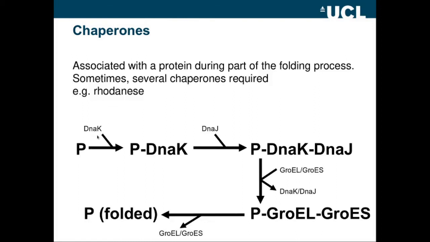It interacts with a chaperone called DnaK, and then another chaperone called DnaJ comes along. Those come off, and GroEL and GroES interact instead, and then the GroEL and GroES are lost to leave the folded protein.